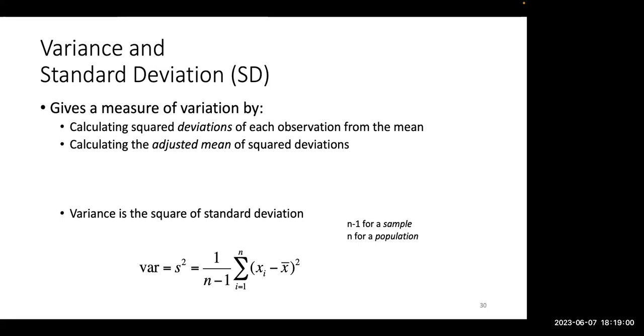We have x1, x2, x3, x4, and we are subtracting the mean from our individual entry. So we're getting a deviation. That deviation, since it's on both sides of the mean, because it's the spread around the mean, can be positive or negative. So that is a deviation from the mean.